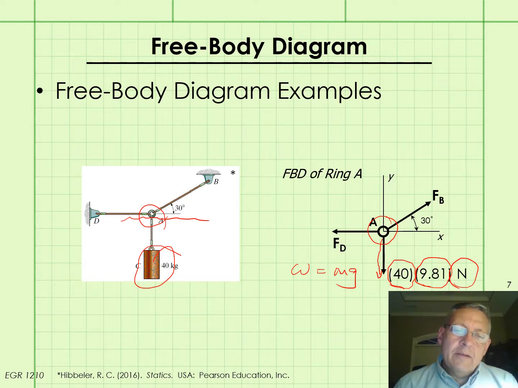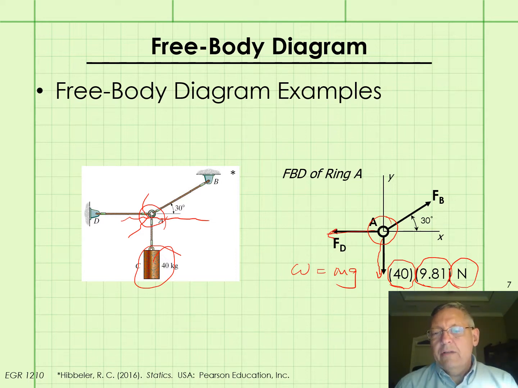Let's cut away this cable here that's coming from D and show it on the free body diagram. So that would be shown as a force acting along the negative x-axis.